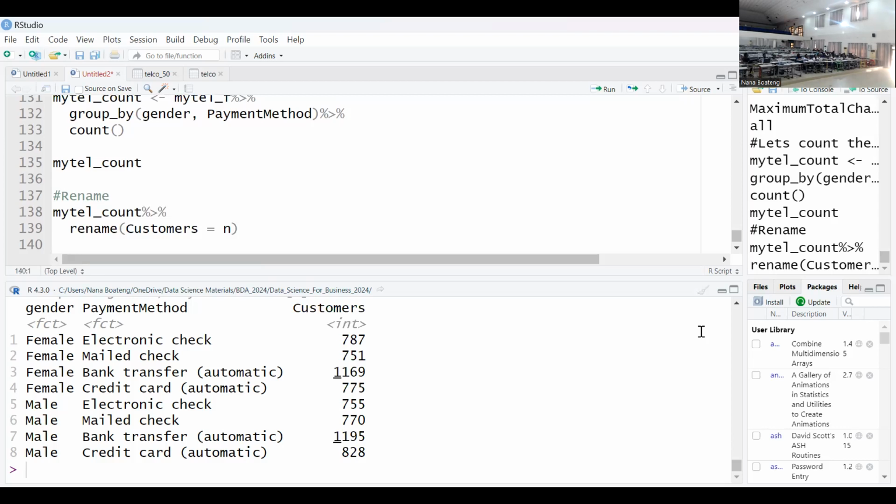Alternatively, we could have done this straight away when we were doing the count. We pipe the count into rename, and then customer is equal to n.